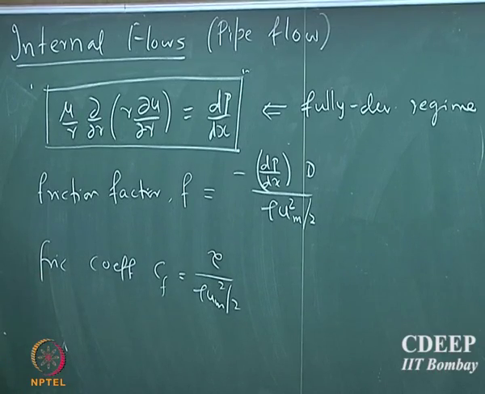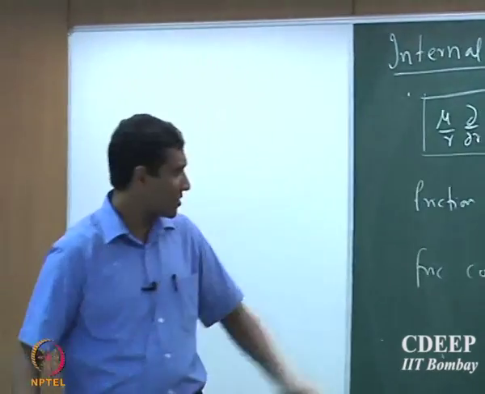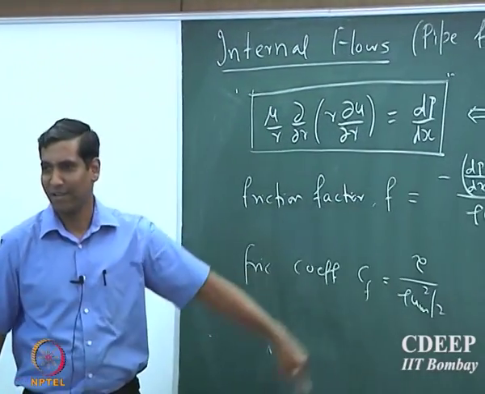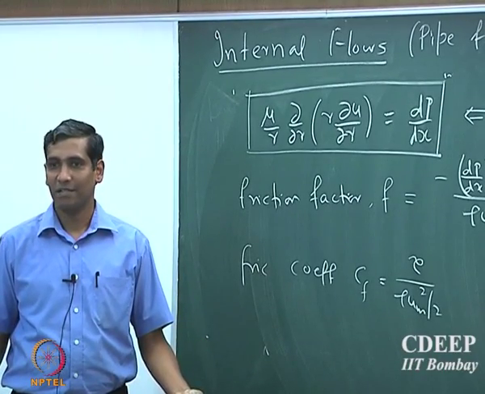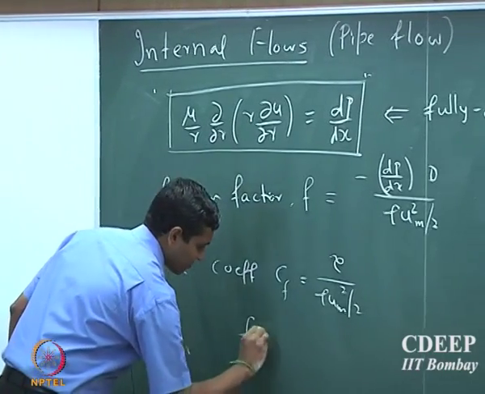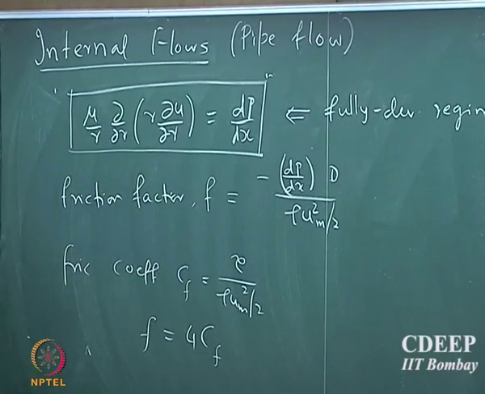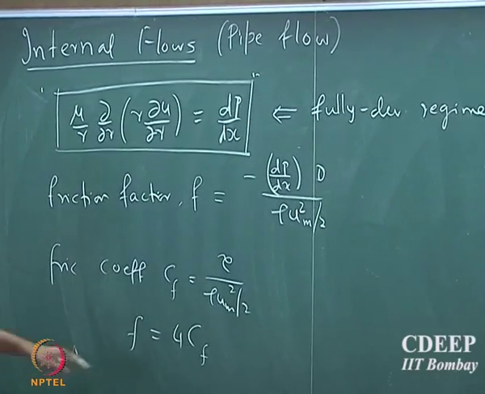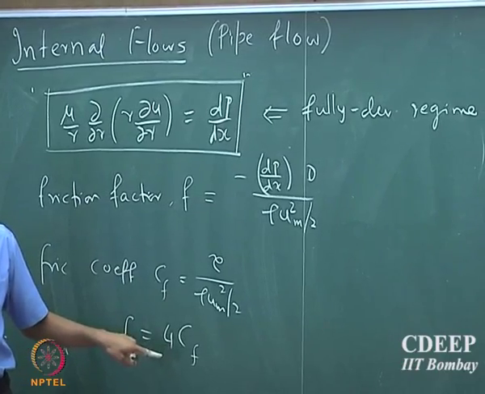Yeah, they are not the same. They are definitely not the same, but how are they related? So for laminar flow conditions, it actually turns out that f is 4 times Cf. Okay, this is only true for laminar flow.